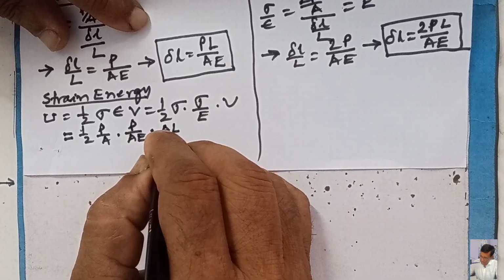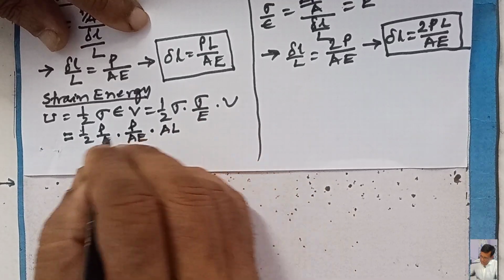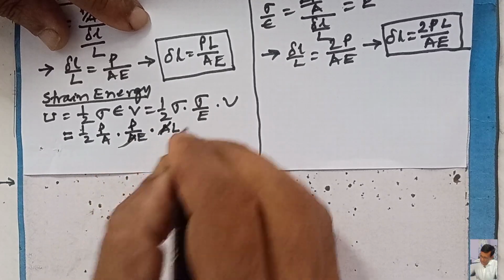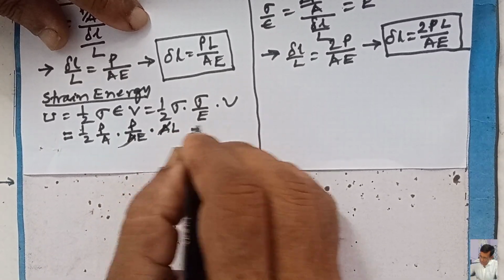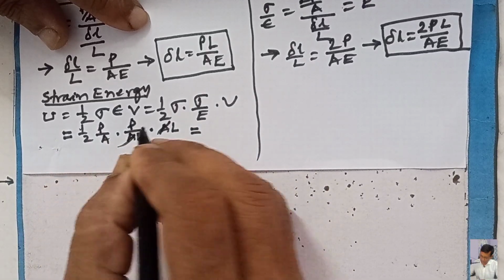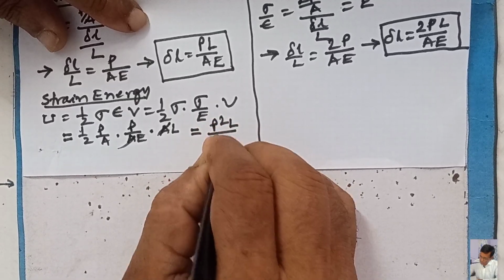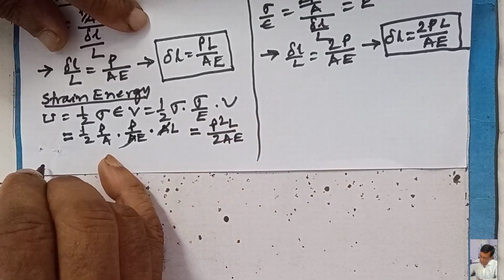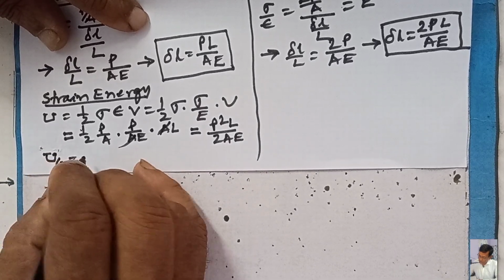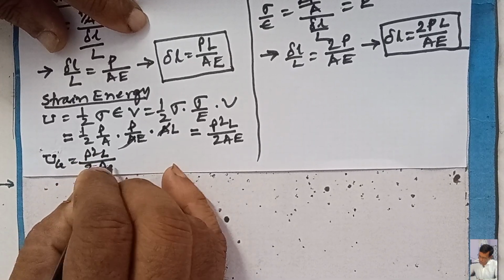V is equal to AL, area into length. Now if we cancel this A and A, we will get P square L by 2AE. So we can write U gradual is equal to P square L by 2AE.